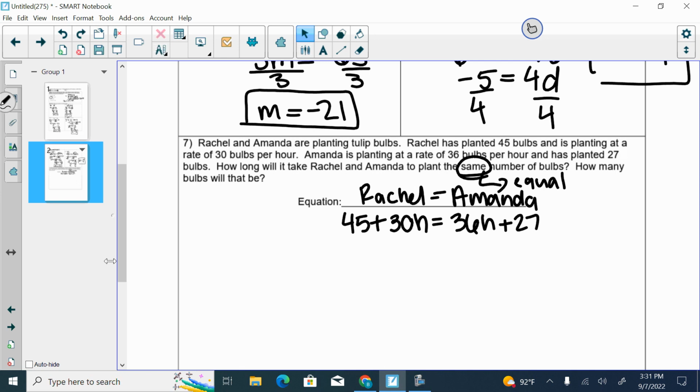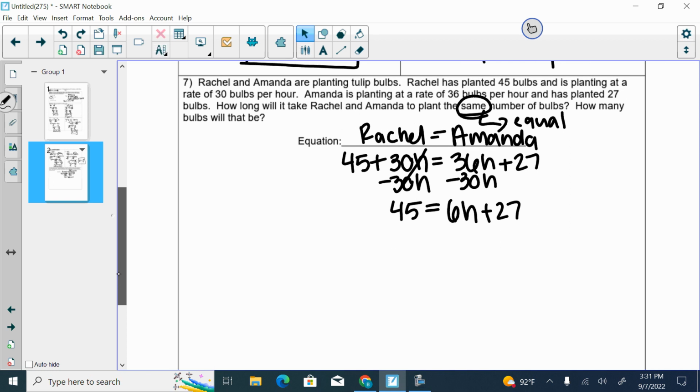What do we want to move? Good. We are going to subtract 30H from both sides. So then we got 45 is equal to 36 minus 30 leaves us with, good, 6H plus 27. Okay, what should we do now?